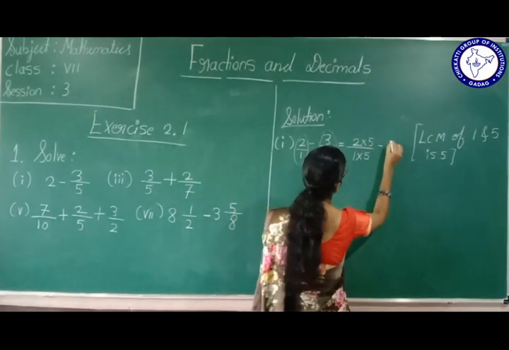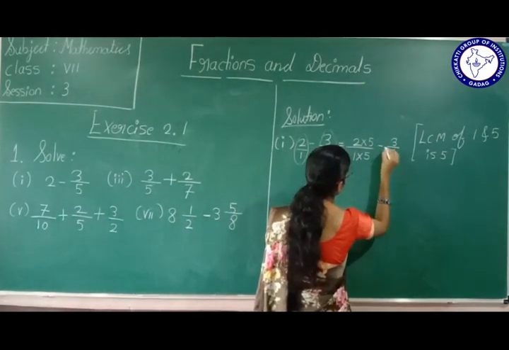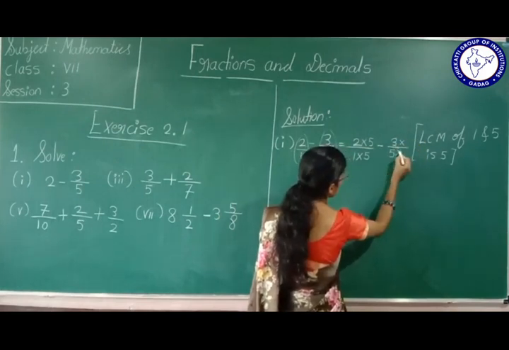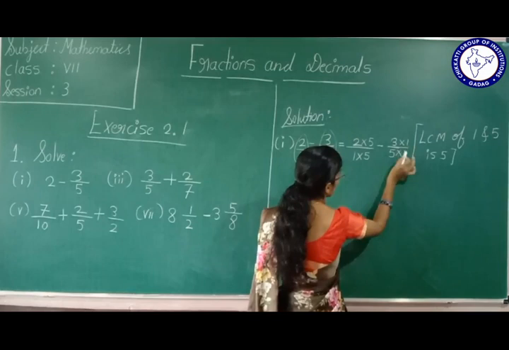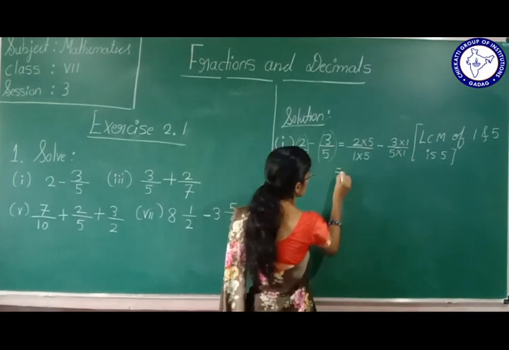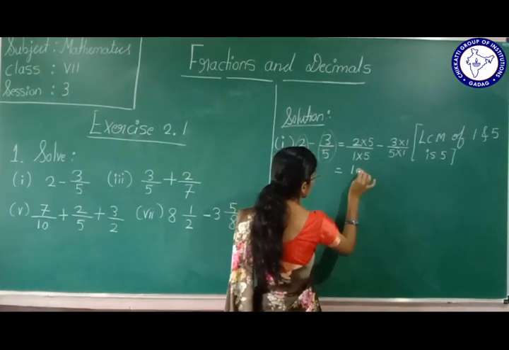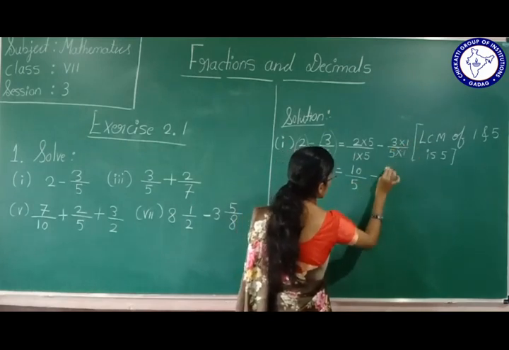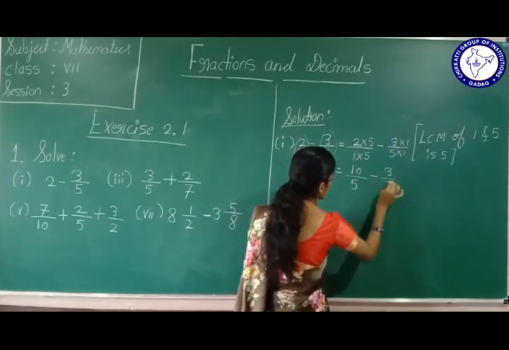Minus 3 by 5. Here 5 how much are 5? 5 1s are 5. Therefore, multiply both numerator and denominator by 1. See here, 2 5s are 10. 1 5s are 5, minus 3 1s are 3, 5 1s are 5.